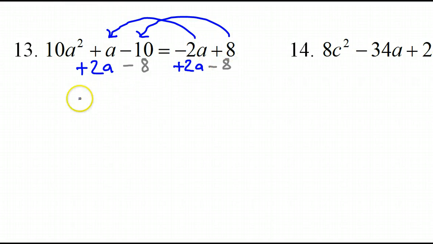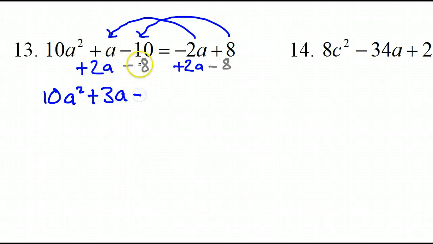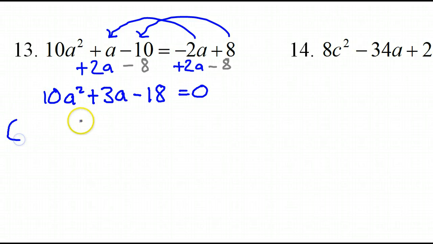Okay, I can do both of those right now. So that's going to give me 10a squared. Alright, putting those together, that'll be plus 3a minus 18 is equal to 0. No GCF. So let's go ahead and factor.